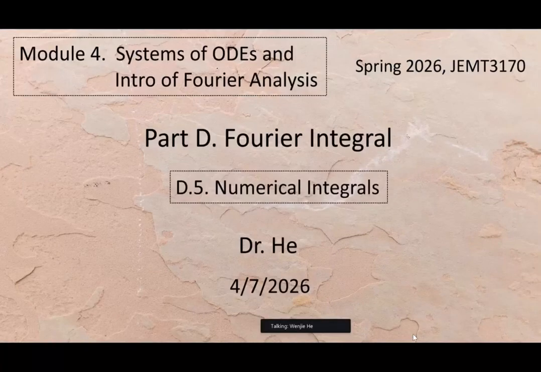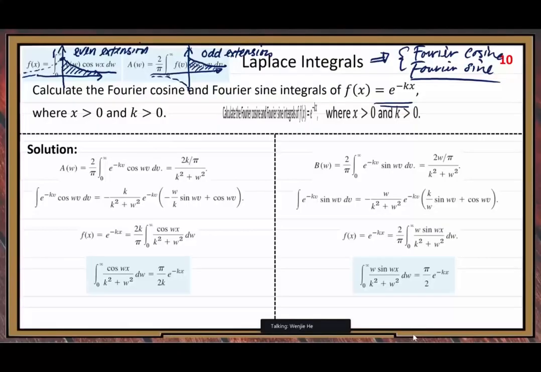So we finished this topic. This example tells us one thing. For the given function, through these two extensions, we can apply Fourier cosine integral, Fourier sine integral.